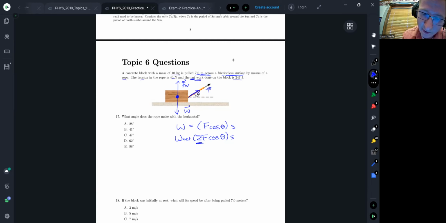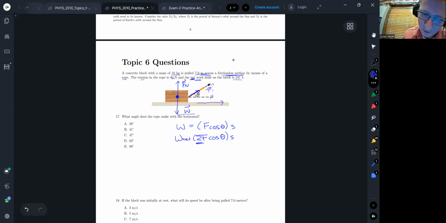The normal force and the weight in this case don't balance each other because we have a component lifting up. This is like on the last exam where it was like, how does the normal force change when we lift up on this thing? So it's not that those forces cancel. It's that they do not do any work on this block because the displacement is across the surface.